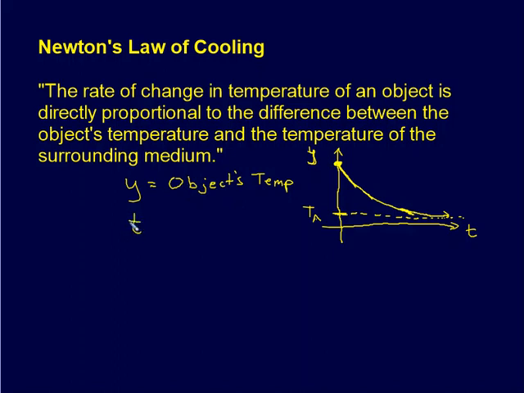The independent variable is time, t. Again, the units of that will be mentioned in the problem. And then capital T will be the air temperature, and it will be remaining constant. So this will be the constant air temperature.